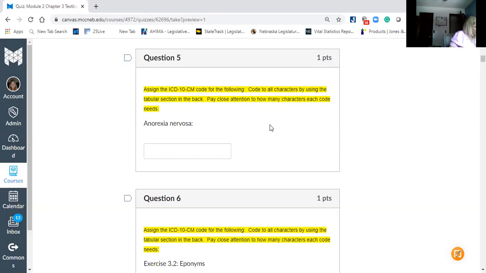Okay, mine's on page 24, my alpha index. Anorexia down to nervosa. Find your code. I have 5 characters on mine, and it starts with an F.